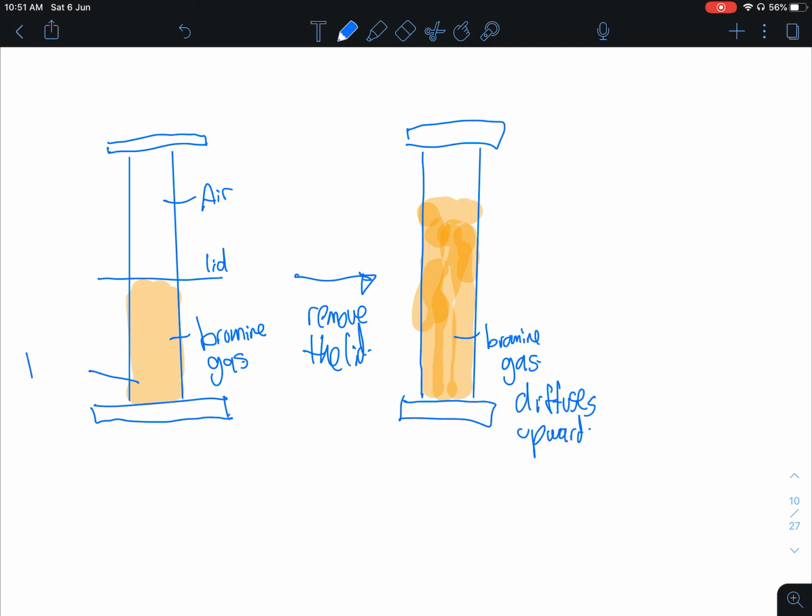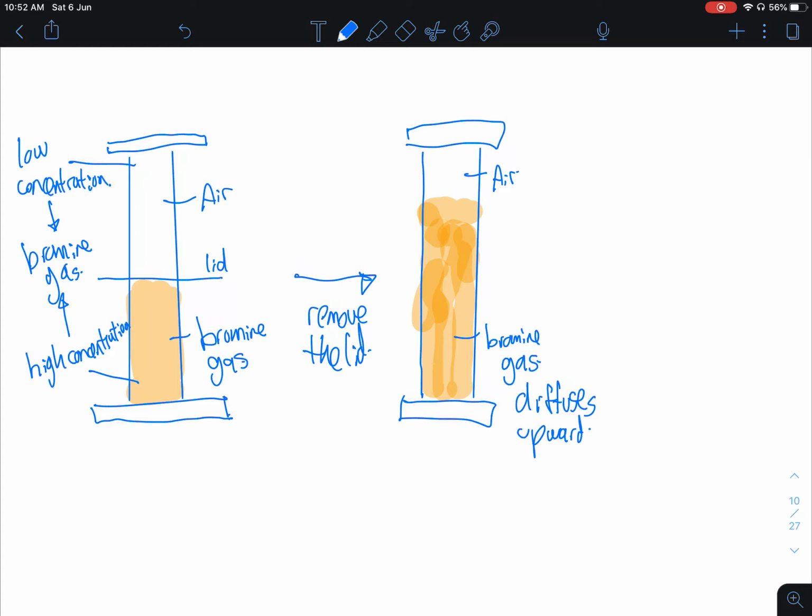So over here you have high concentration of bromine gas, and over here you have low concentration of bromine gas, okay? And this is still air.